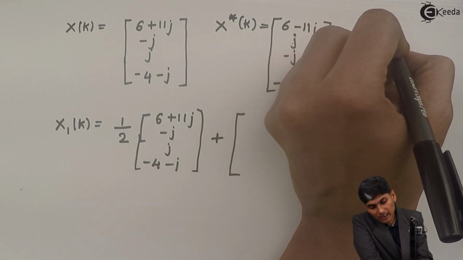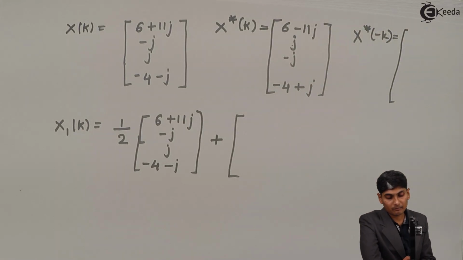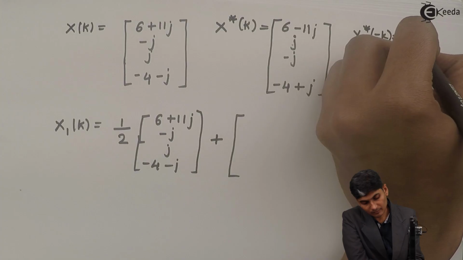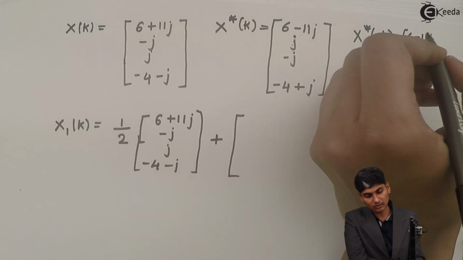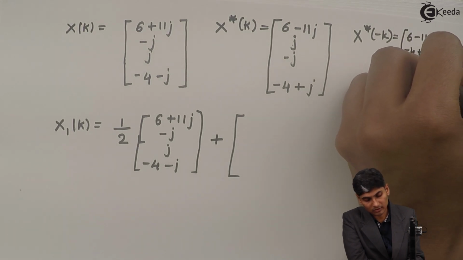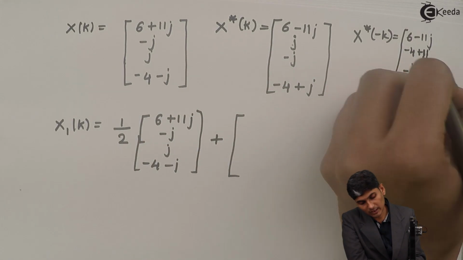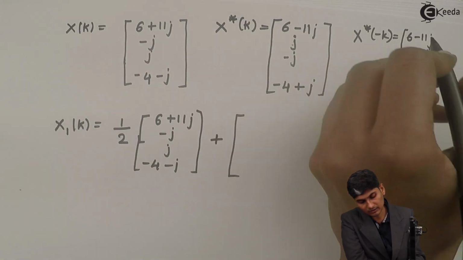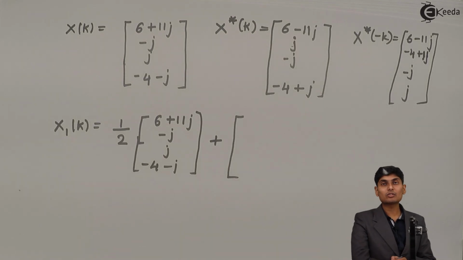I want the conjugate and folded sequence of x of k, which will give me 6 minus 11j, and then the third sequence will come to the second place, which is minus 4 plus j, and minus j as it is and plus j. So we have this as my x star of minus k.